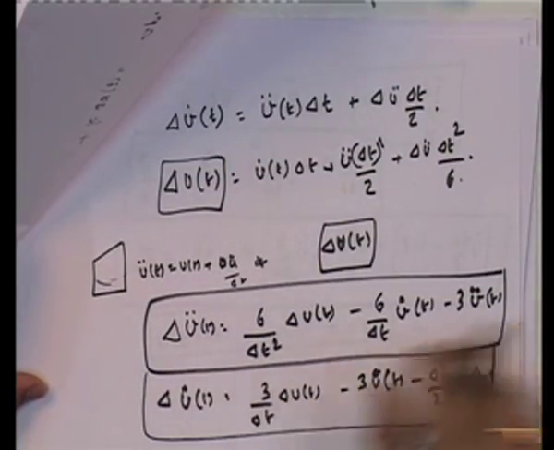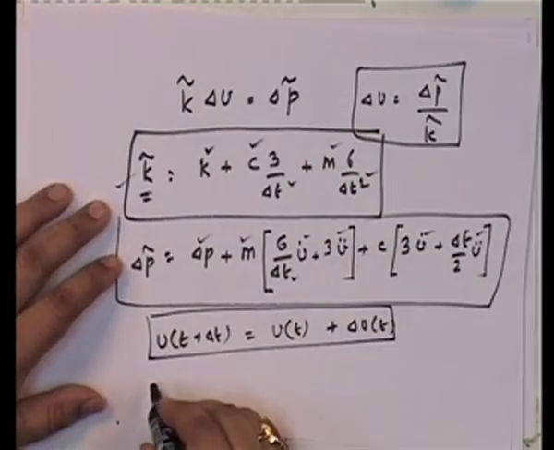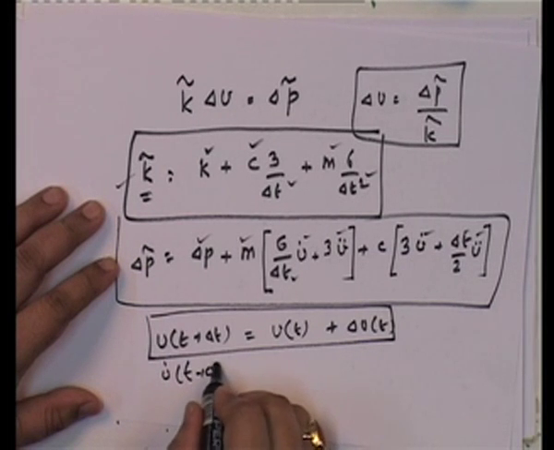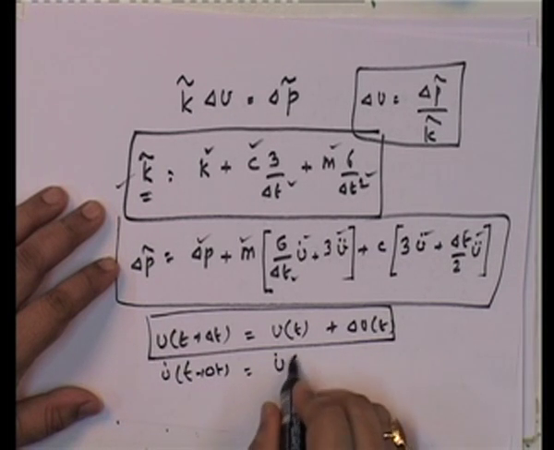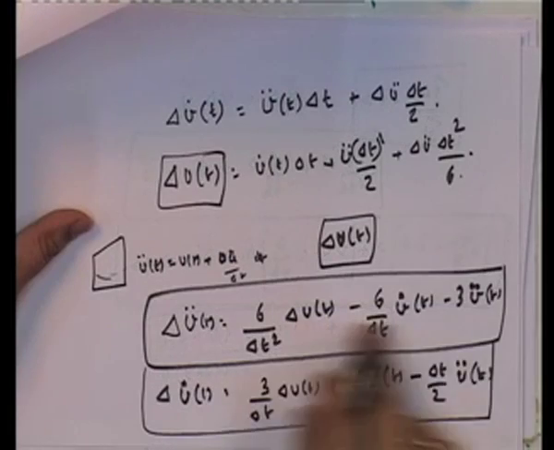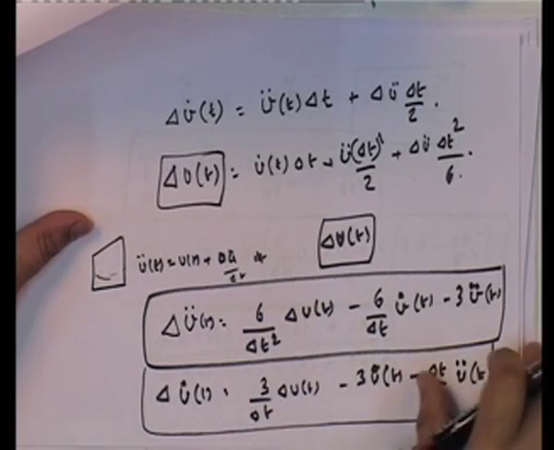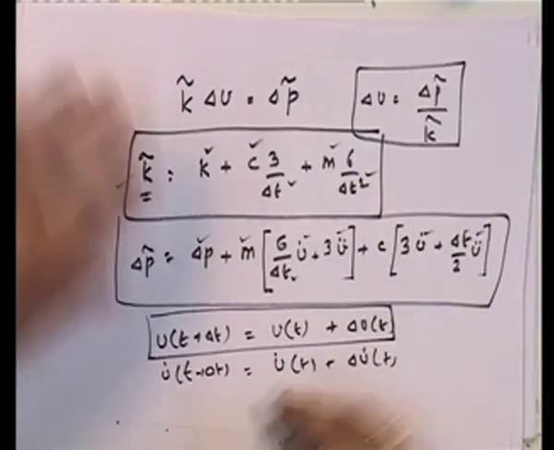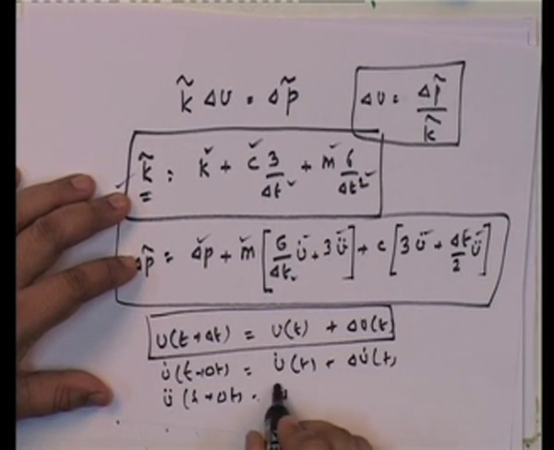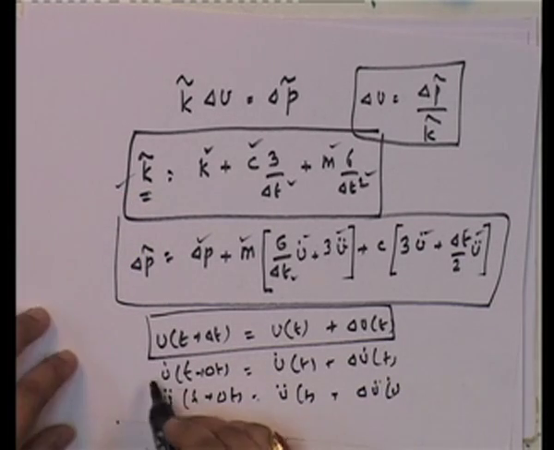So, you can find out delta v dot and delta v double dot also, and so therefore, from those terms you can solve for v dot at t plus delta tau, which is equal to v dot plus delta v dot, which is in terms of known. This is also now found out. So, you have got your new v double dot at t plus delta t, and you have got it.